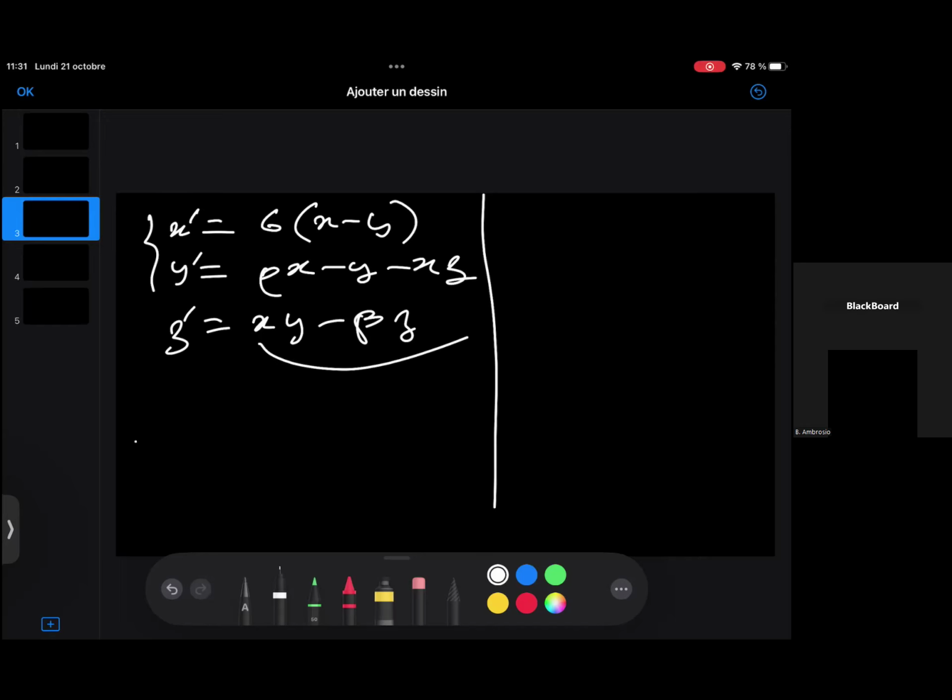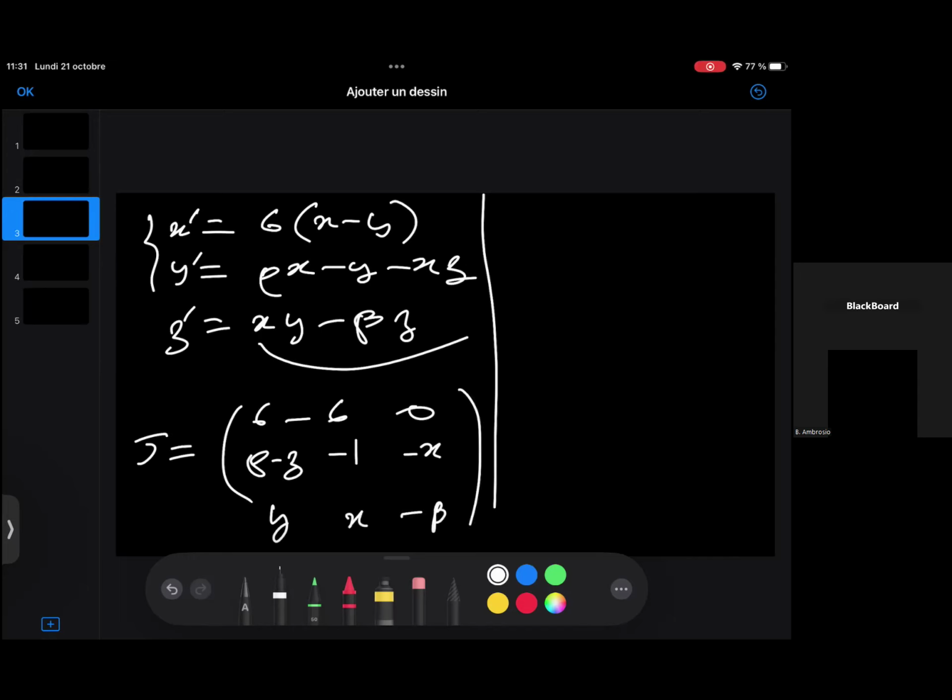We get J is: sigma, minus sigma, 0; rho minus z, minus 1, minus x; y, x, minus beta. So let's look at the stationary point (0, 0, 0). This gives: minus sigma, sigma, 0; rho, minus 1, 0; 0, 0, minus beta.